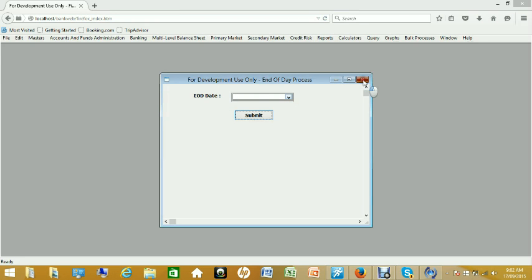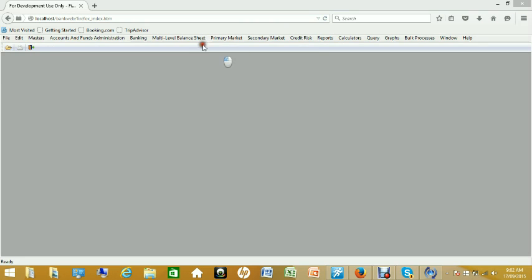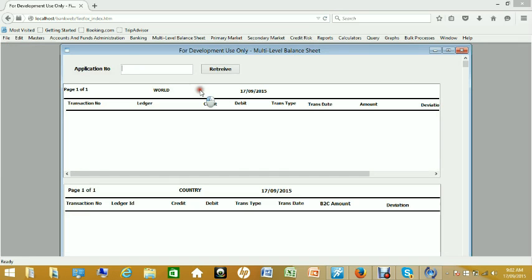So now let's check the multi-level balance sheet for application number 45. I believe it will be tallying for all the levels. So there it is.